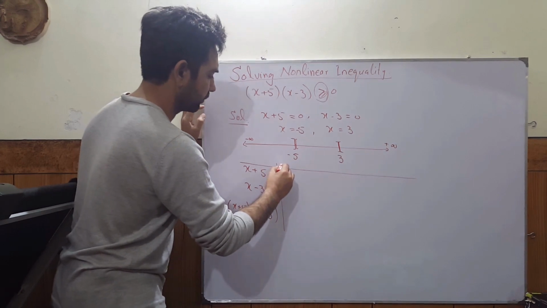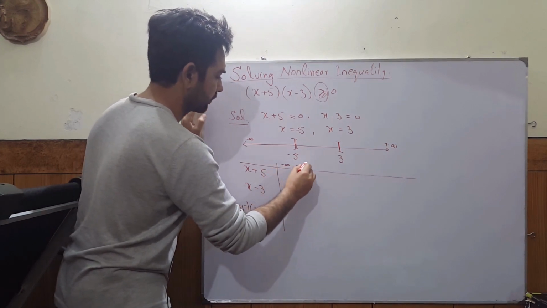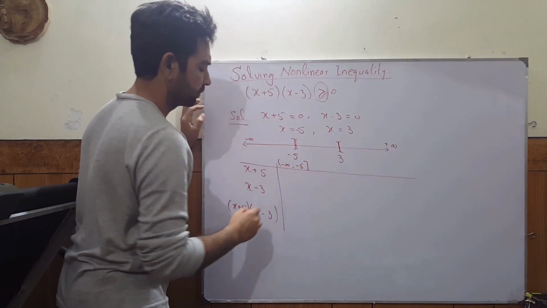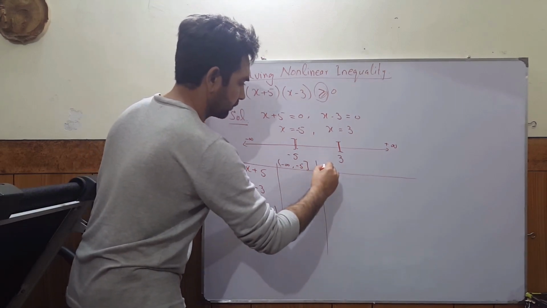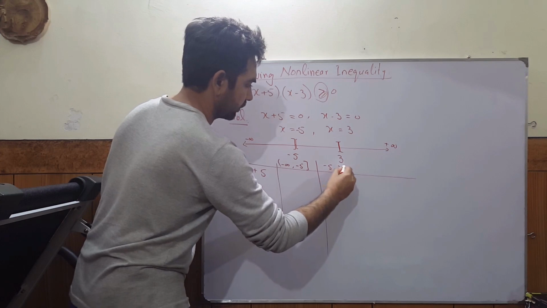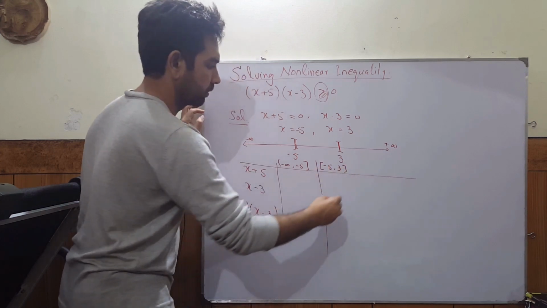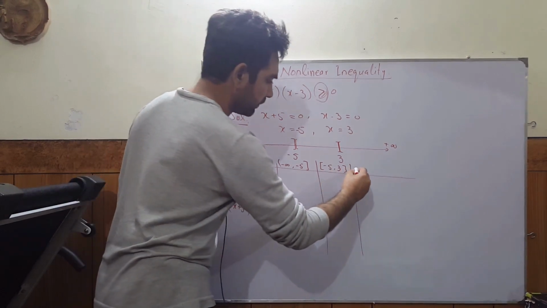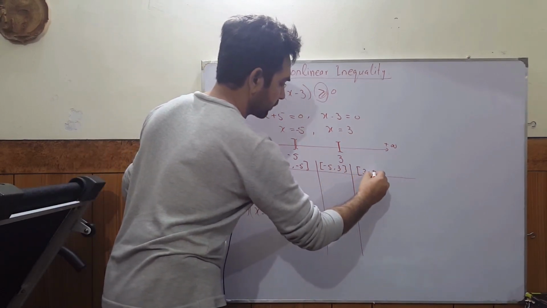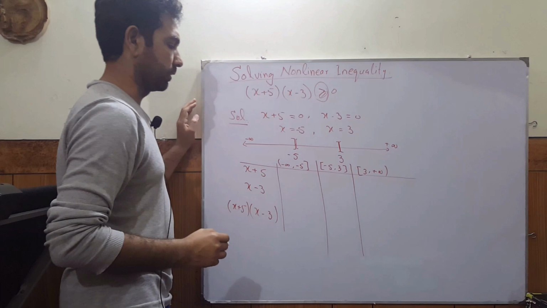So the interval from minus infinity to minus 5, from minus 5 to 3, they are both included. And then from 3 to positive infinity.